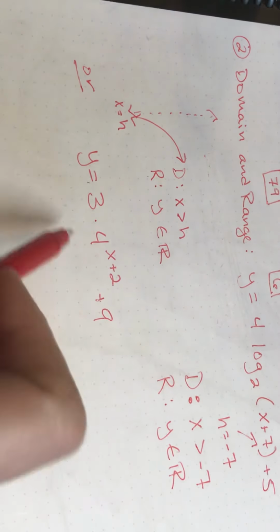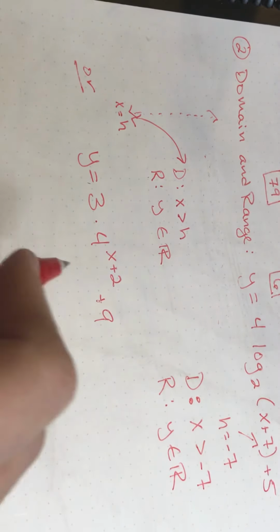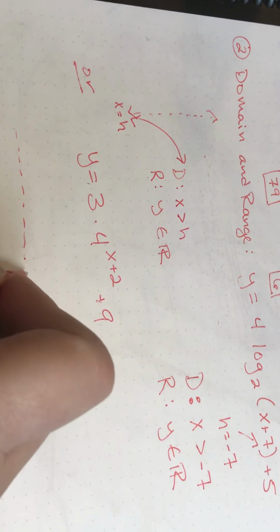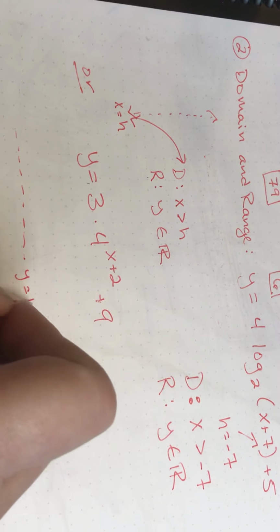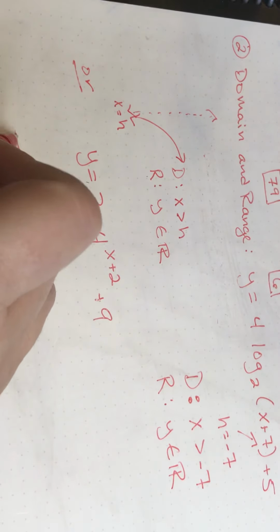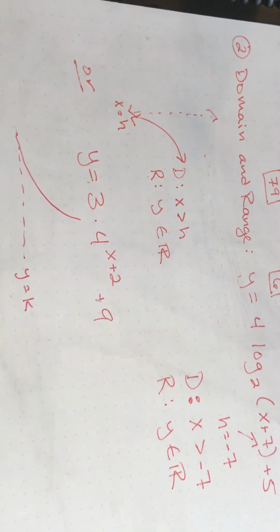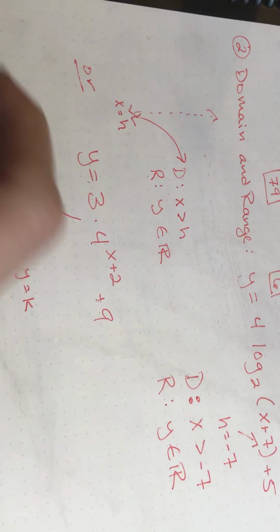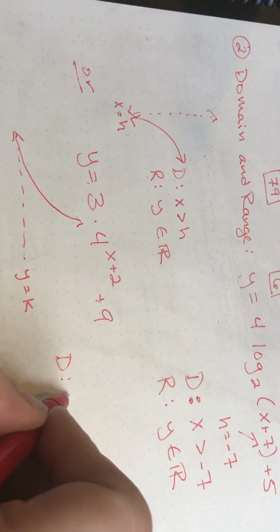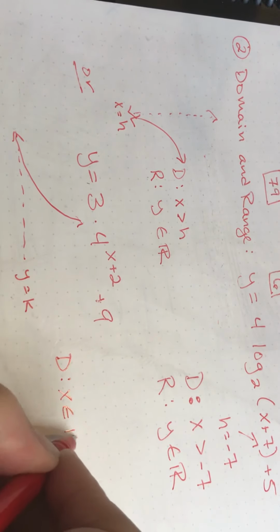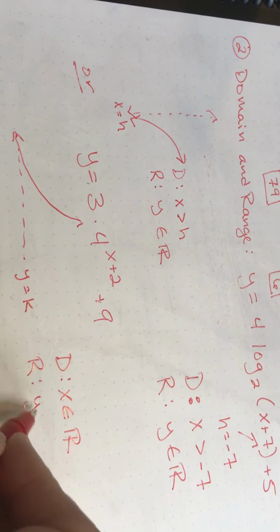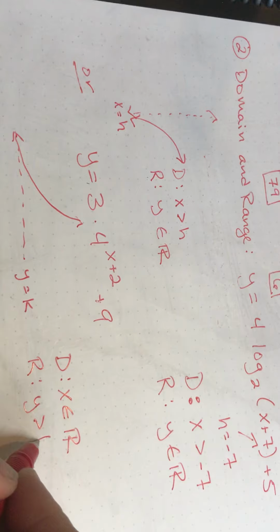Now, for exponential functions, it's reversed. Remember, for exponential functions, we have an asymptote of y equals k, and it's this shape, or the inverse. So our domain is x is the set of all real numbers, and our range is y is greater than k.